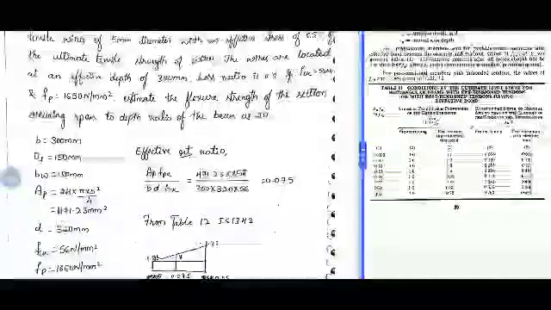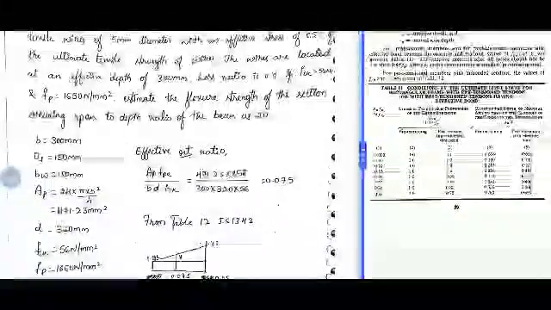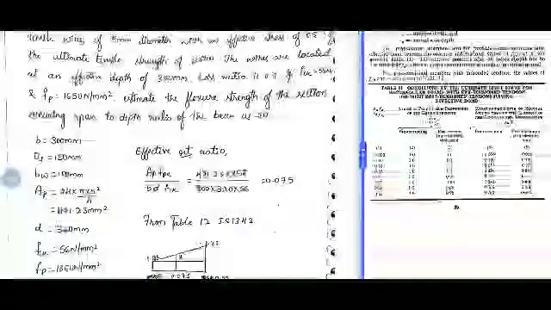Here AP is not given, we need to find out. So area of steel, here it is given that the beam is pre-stressed by 24 high tensile wires of 5 mm diameter. So we need to find out the area. 24 into pi d square by 4, we will get 471.2 mm square. Then effective depth 320, FCK 56, FP 1650 Newton per mm square.